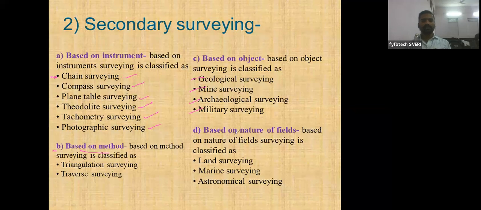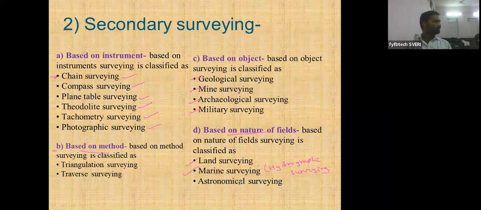Then D, based on nature of field. First one, land surveying. Land surveying means we are doing surveying on the land, the surface of the ground. Next, the second one is marine surveying.